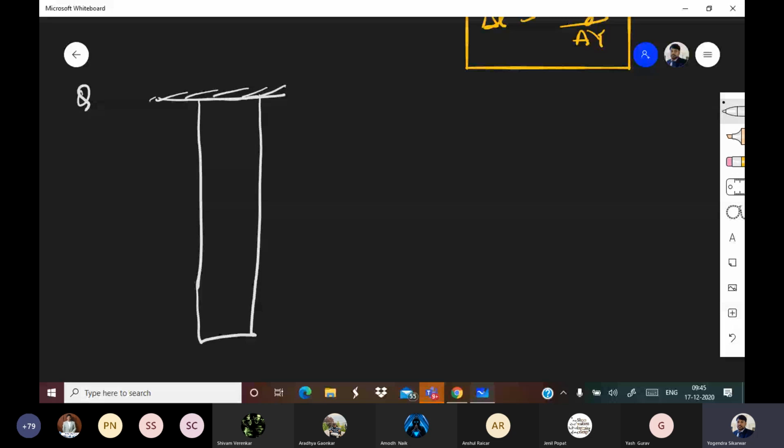So basically this is a rope. M is the total mass, L is the length, A is the area of cross section, and Y is Young's modulus. You can call it a uniform rope. Now while this rope is hanging, due to its own weight, its length will increase.